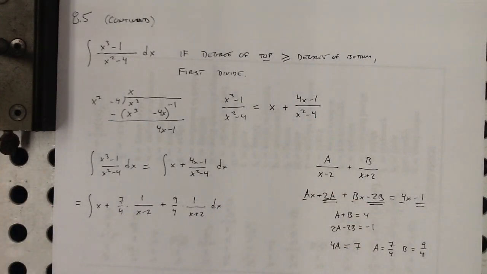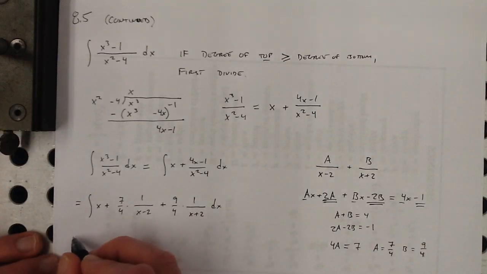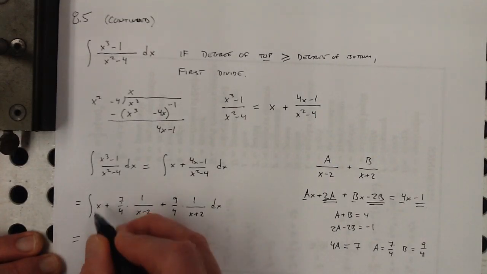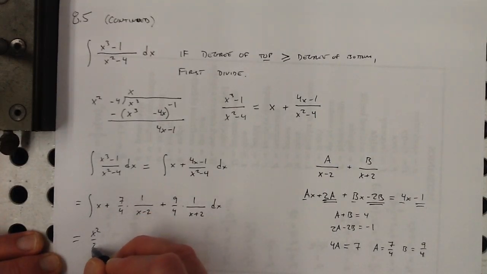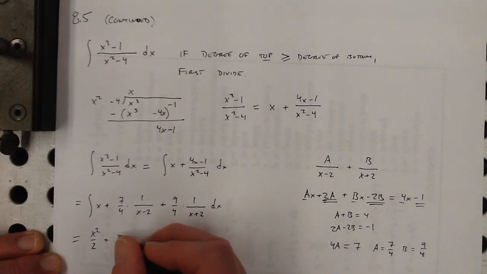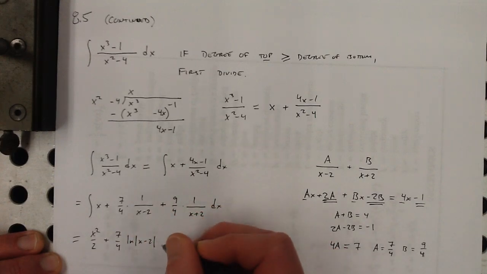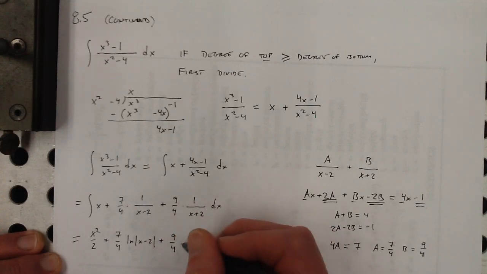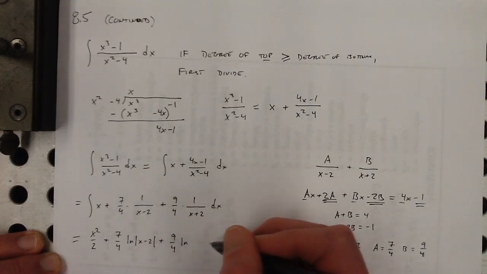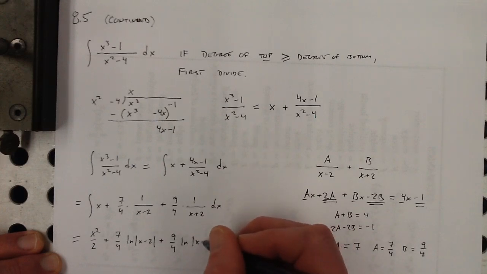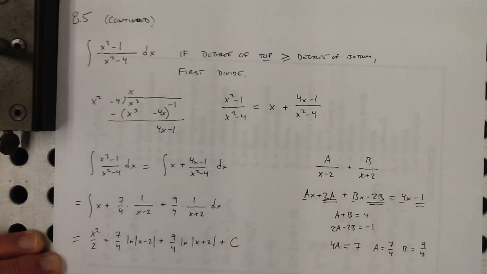And that's an easy calculus problem now. That's x squared over 2 plus 7/4, my constant there, times the natural log of the absolute value of x minus 2, plus 9/4 times the natural log of x plus 2, plus C.